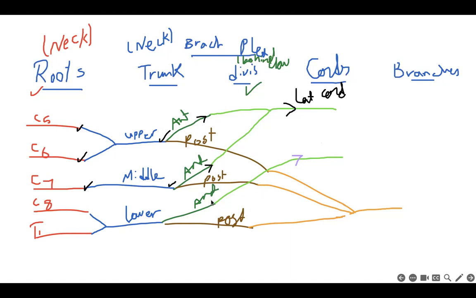The cord from the anterior of the lower trunk only will be the medial cord. And the medial cord is from the lower trunk only, so it originates from C8 and T1.